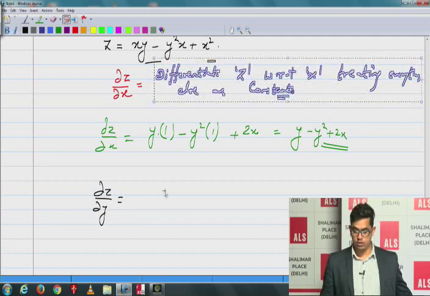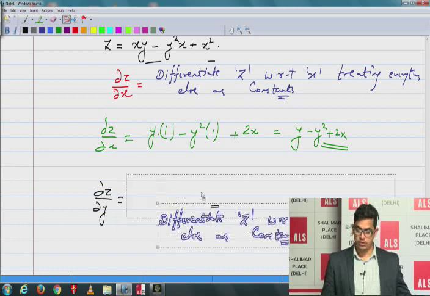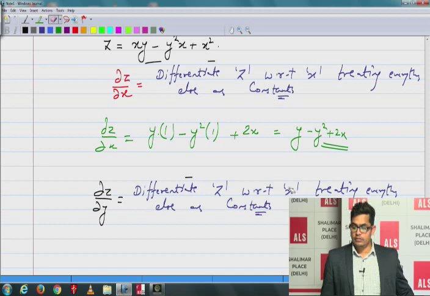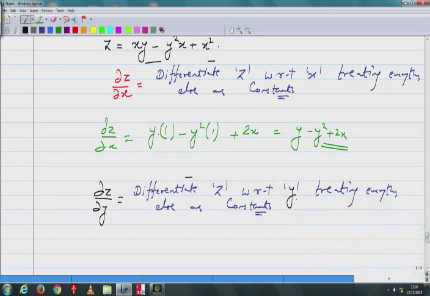Control C, Control V. The only difference is, instead of x, we must have y. Differentiate z with respect to y, treating everything else as constant. That would mean del z by del y is equal to x, minus 2yx, and 0.